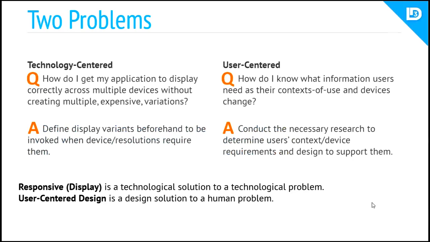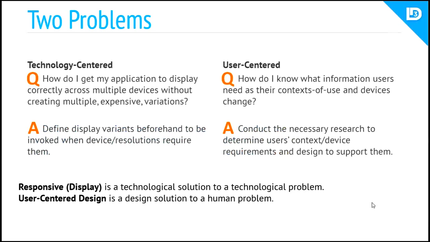It depends on maybe who you talk to, but as, again, a non-developer, it's a relatively straight problem. I need to define beforehand the variations in my display, and I invoke these rules when my application is being shown on certain devices, when those devices require them.